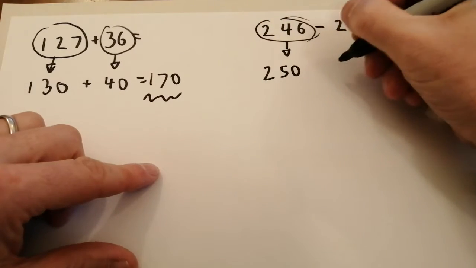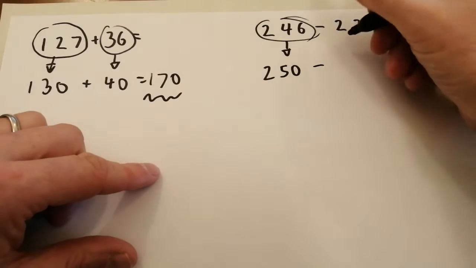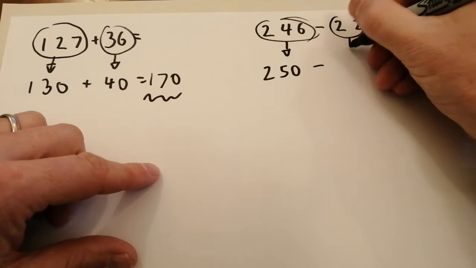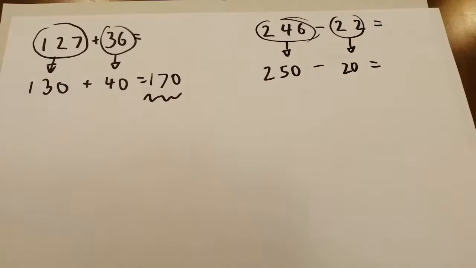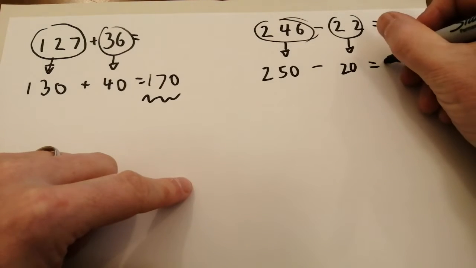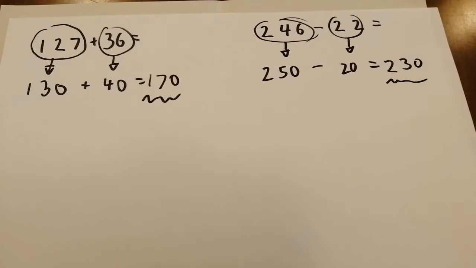It's nearly 250, which is a nice round number. And 22 to the nearest 10 would go down to 20. Another nice round number for us to work with. 250 take away 20, 250 take away 10 is 240, take away another 10 is 230. My answer is going to be somewhere around about 230.